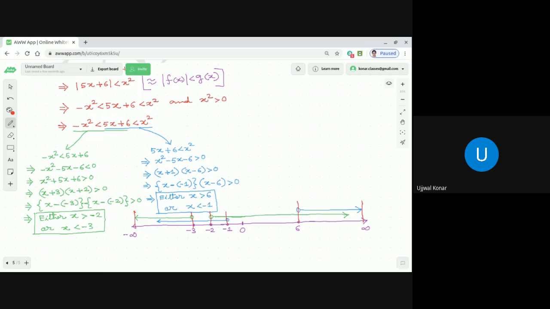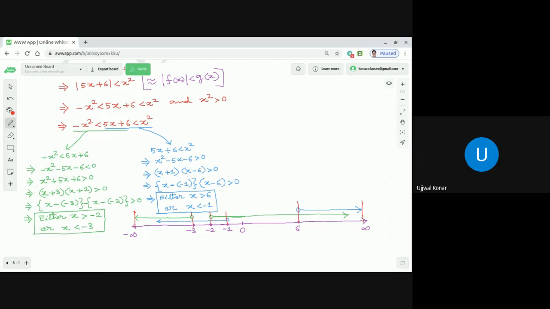Whatever is in the blue box and whatever is in the green box, both have to be satisfied, because in both boxes there is an either-or statement, but both have to be true at the same time. That is why you are taking the overlap portion.